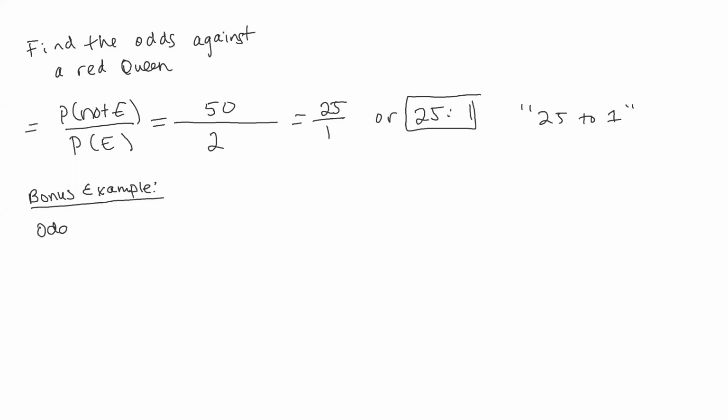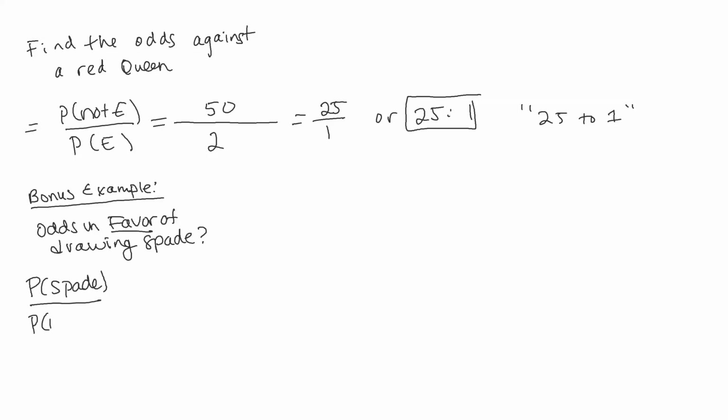What are the odds in favor of drawing a spade? Okay, so when you're dealing with odds in favor, we want the probability that you do draw a spade divided by the probability that you don't draw a spade. So how many ways could you draw a spade?